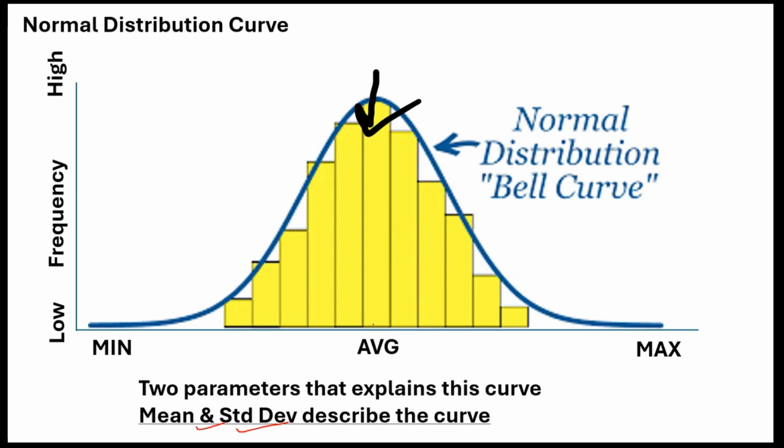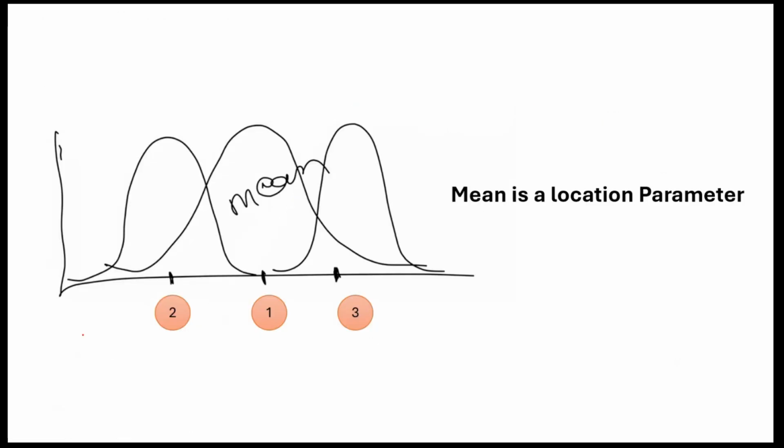For instance, if the mean is at 50, the curve will look different than if the mean is at 30. So it tells the location of the curve, where the curve will go. Let me explain more. In this slide, as I mentioned, mean is a location parameter. If the mean is centered at point number 1, the curve will look like this.